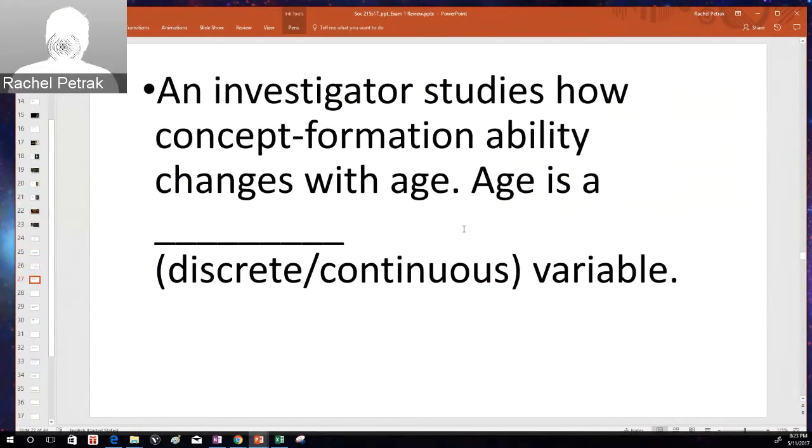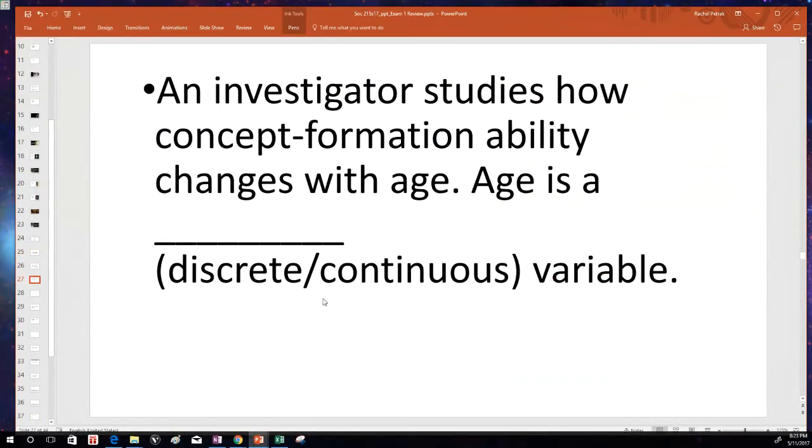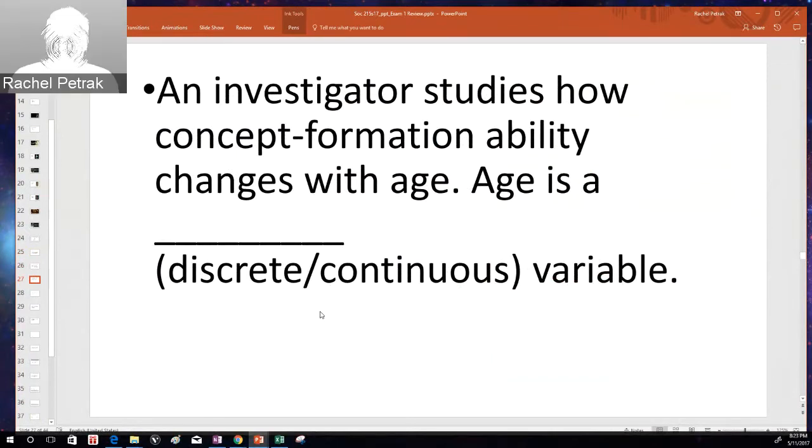One more like that. Now we're looking at how concept formation ability changes with age. Age is discrete or continuous. Let's assume we're talking about age measured in years. If it's age measured in years, then it's continuous. We could measure age as young or old.